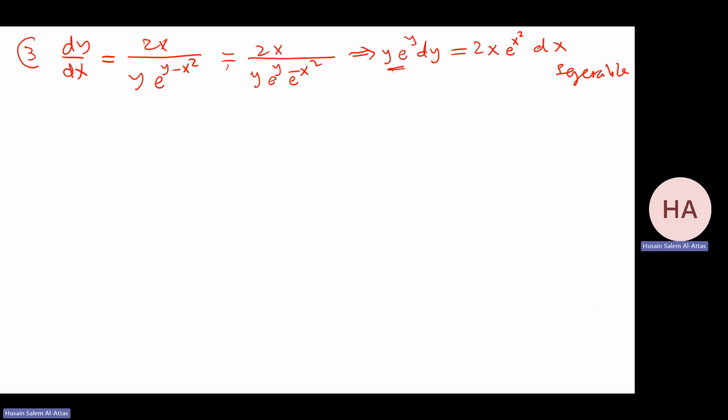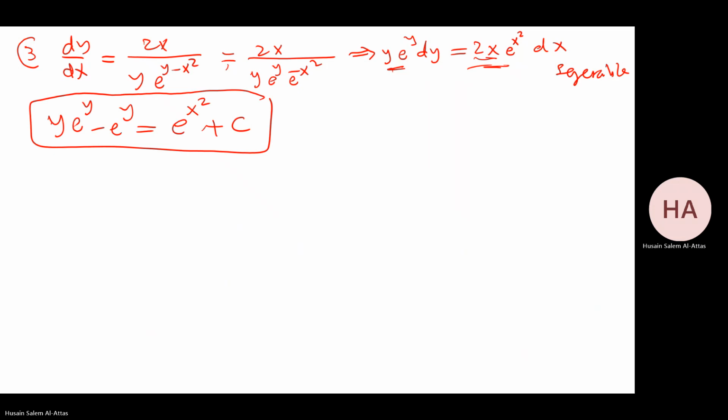On the left I know it is y e^y minus e^y equals the integral of this, which is very clear: e^u, this is du. So it will be e^(x squared) plus c. So this is my answer. It's a matter of integration.